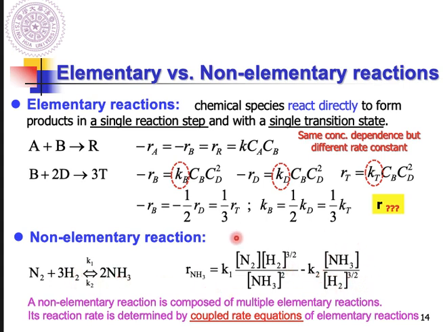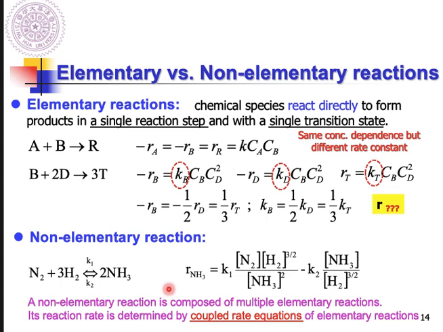Based on this rate equation, it's not as simple as the previous one, right? So for sure, this is not an elementary reaction. It surely involves two or more elementary reactions and leads to this kind of complicated rate equation. So this is a non-elementary reaction.